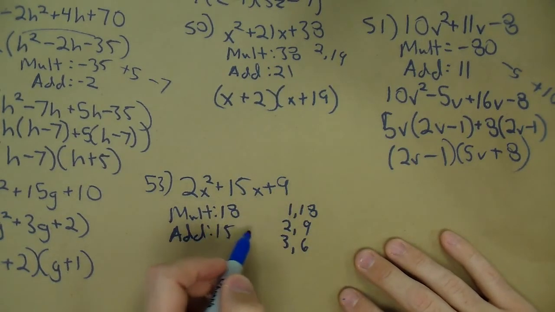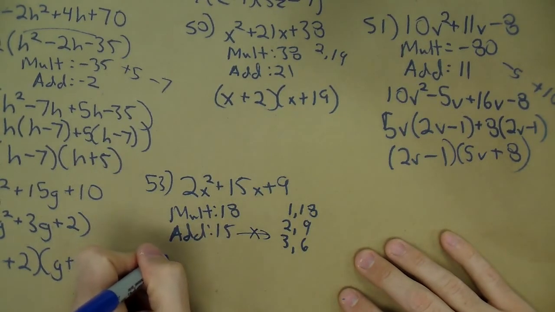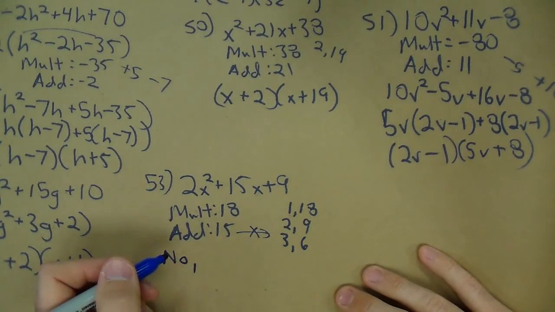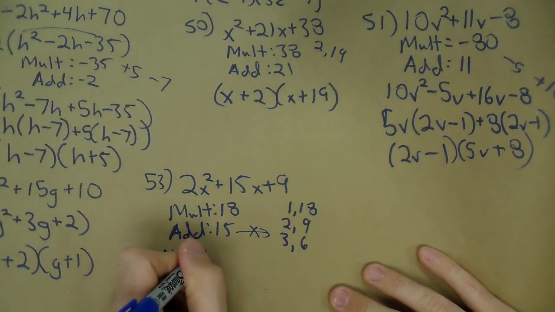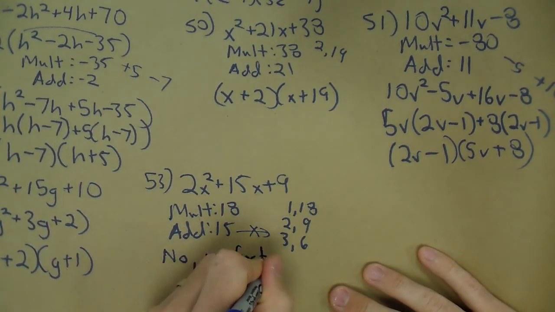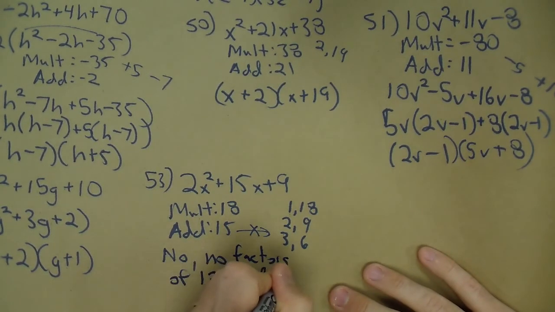So these are my only factors. But none of these add to 15. So we're going to say no, we can't factor it yet. We see later on this year maybe we can. And the reason is no factors of 18 add to 15.